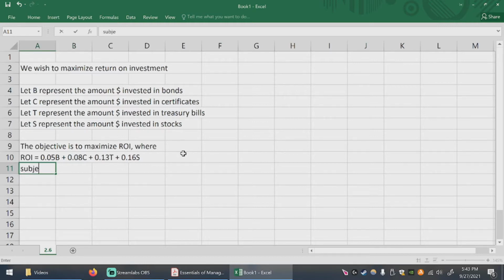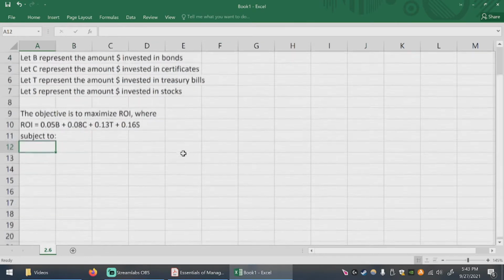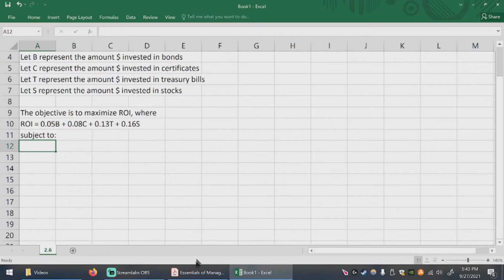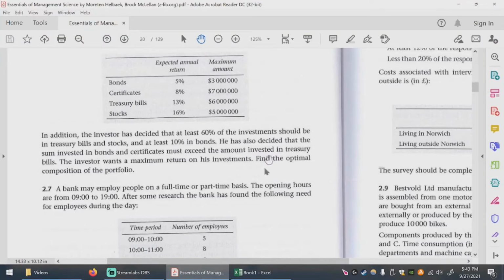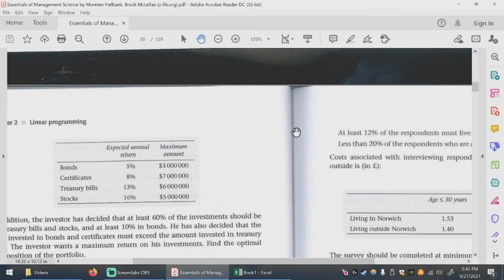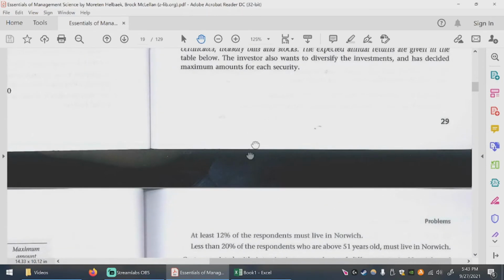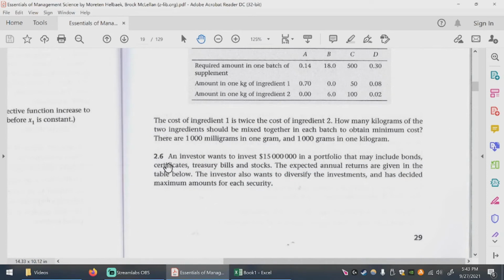Now this is, of course, subject to some constraints. Let's list the constraints. This is where the detail is. I check from the beginning. If I can slowly scroll up here, an investor wants to invest $15 million. So that's my total investment.